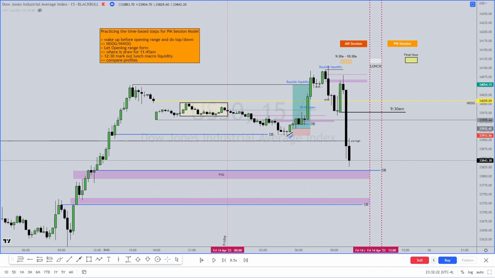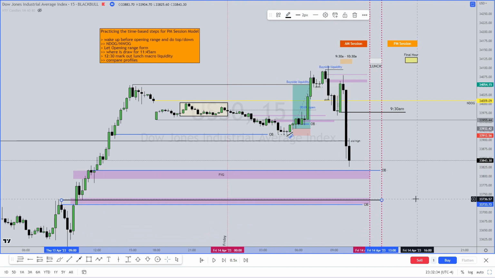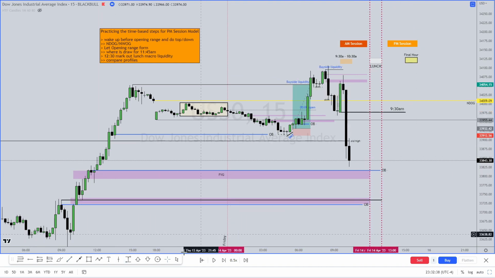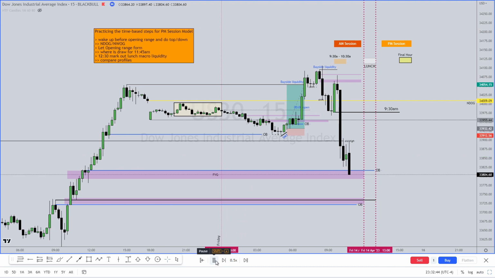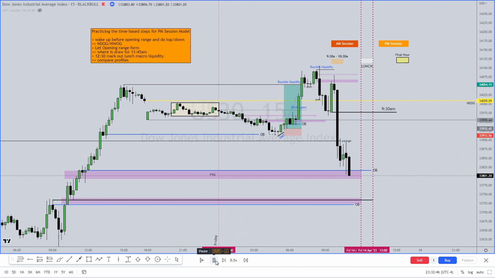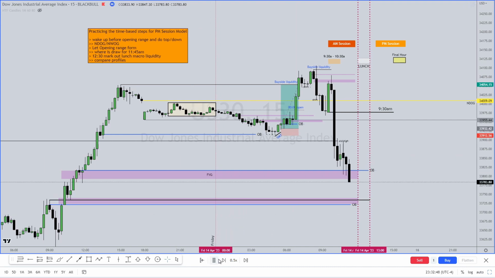And that price level there. Then we have this hourly order block. So we're waiting for time. So let's see, I want it closer to 11:45. So here we go.